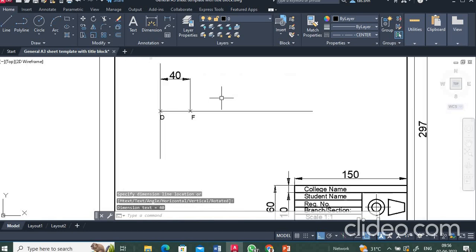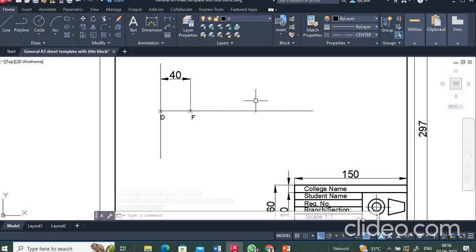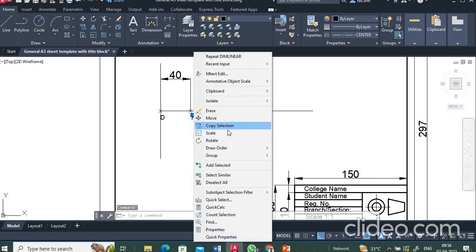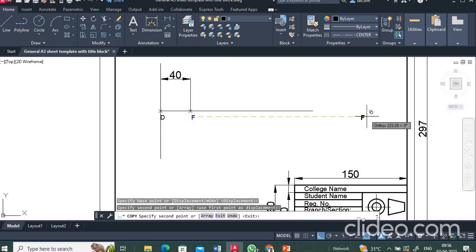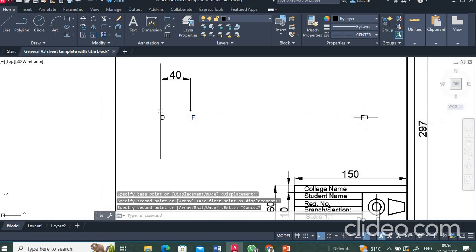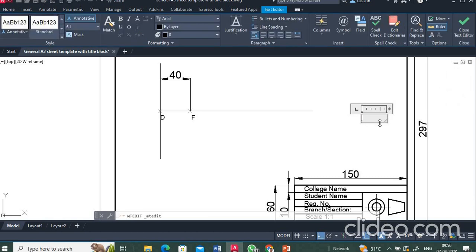Okay. After this, I have to divide. Actually, the eccentricity ratio is given as 3/4. Eccentricity E is equal to 3/4.